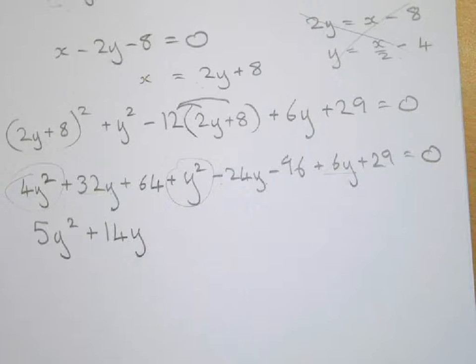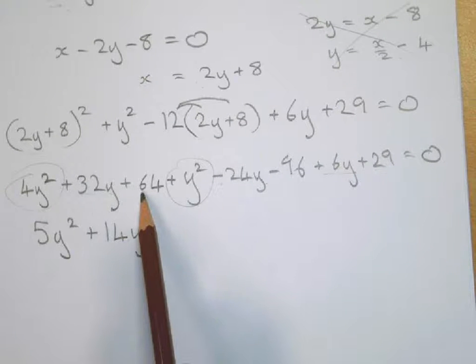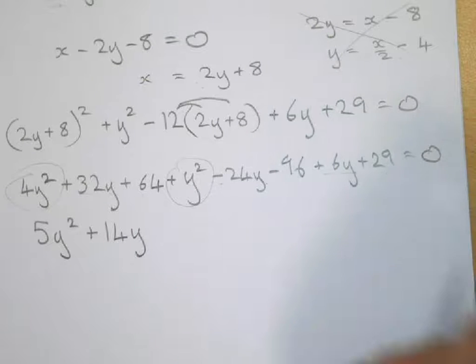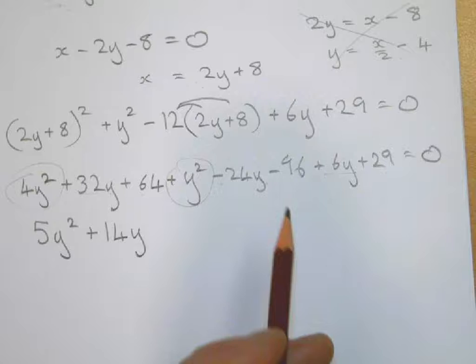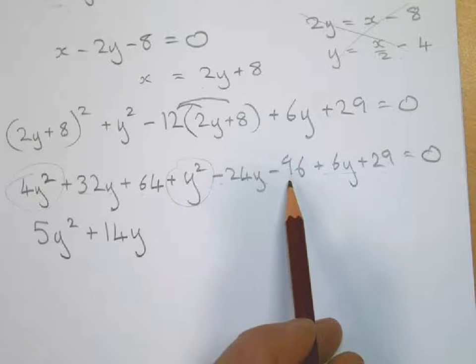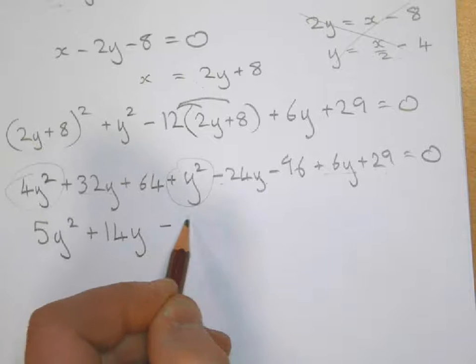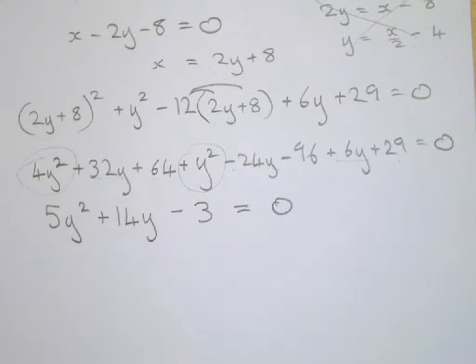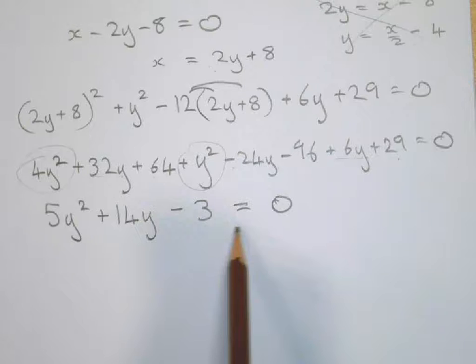And then lastly, 64 plus the 29 is going to give you 93. And then 93 take away 96 is going to give you negative 3. So there is our quadratic equation.